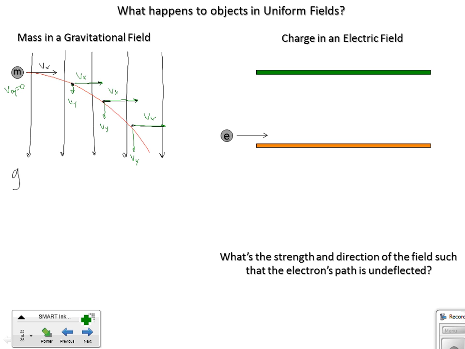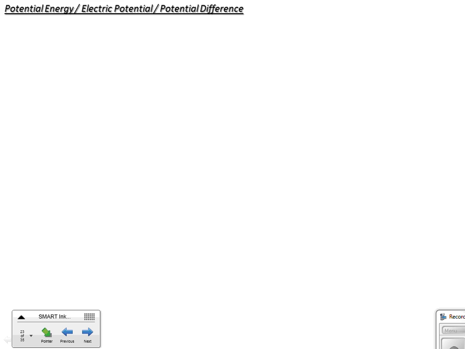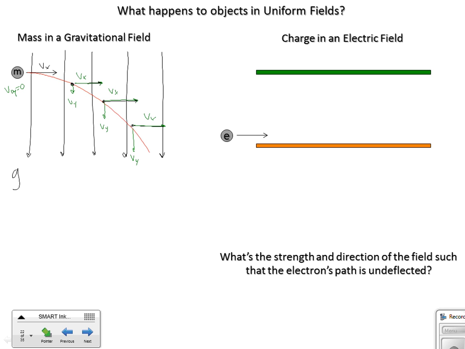Well, an electron in an electric field can move in a very, very similar path. Let's make it so this electron moves in a path like that.